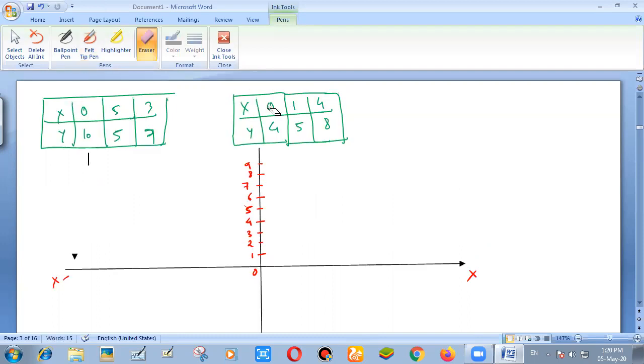You tell me the values of the second table when I am plotting this.